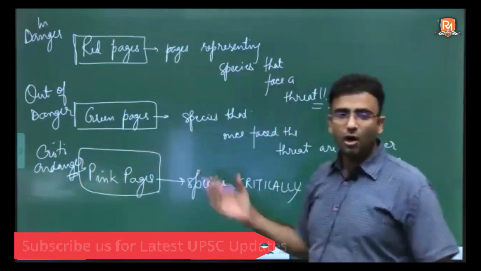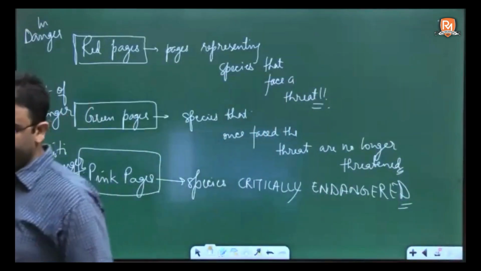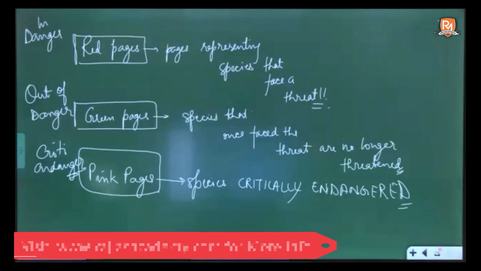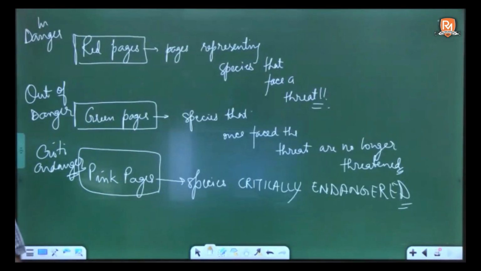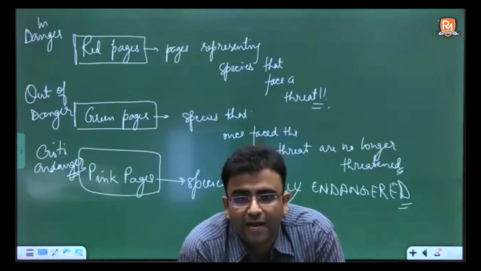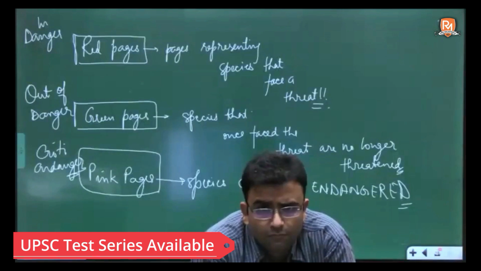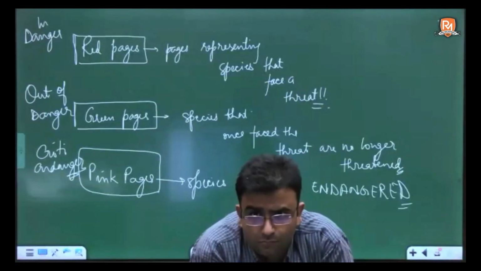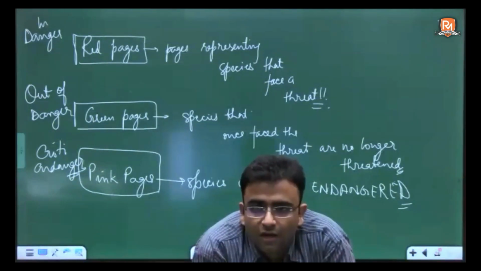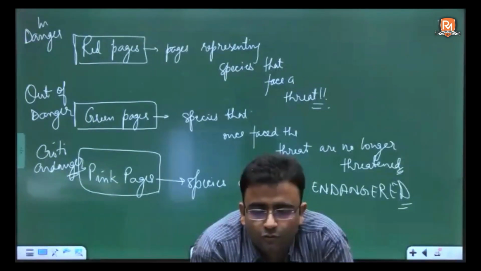So now let's look at what are the different categories. How many categories are there in the Red Data Book? 9. All right, there are 9 different categories. Now tell me, Shubh is saying we put tiger in the pink page. True or false? False. Tiger is not critically endangered.